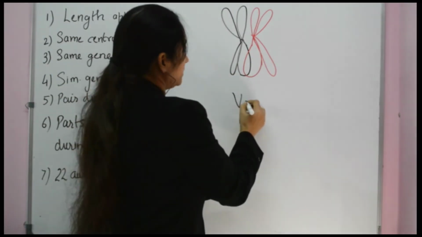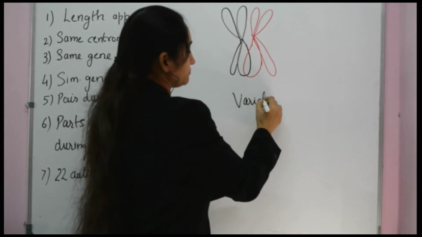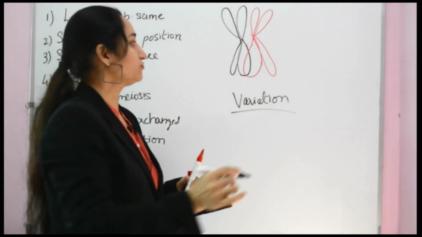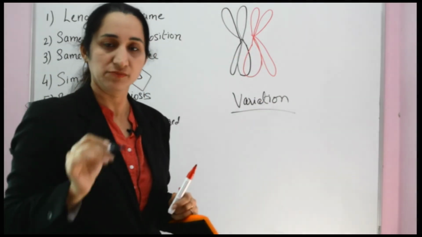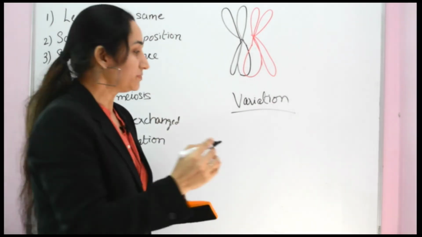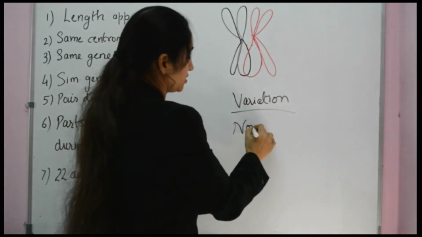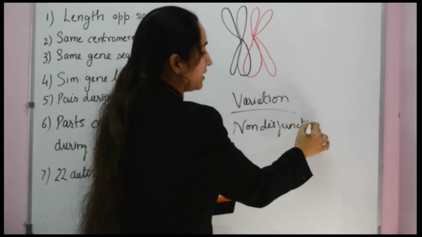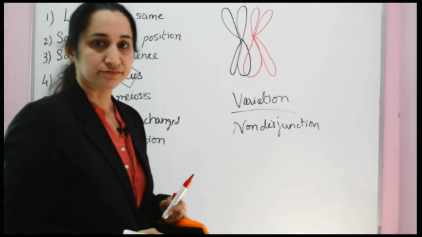and genetic variation is done. Genetic variation is found because of the presence of this crossing over in meiosis. But sometimes, due to non-disjunction of this pair, what will happen?